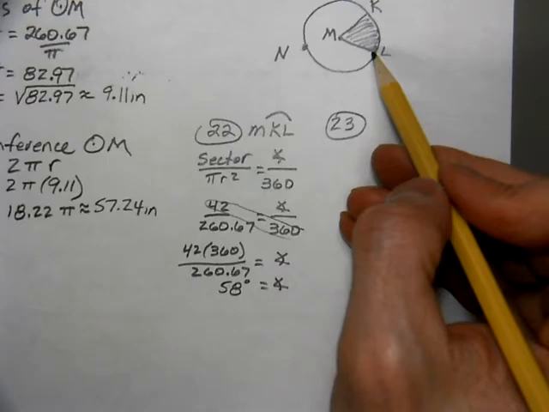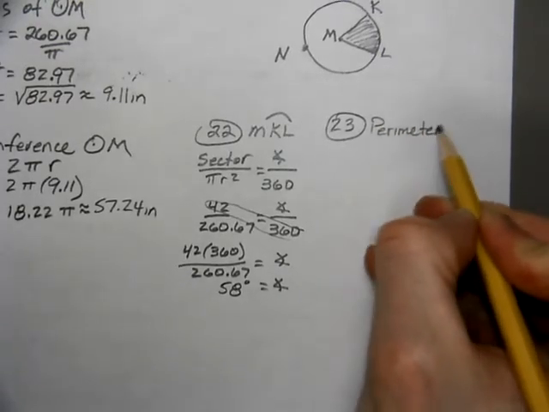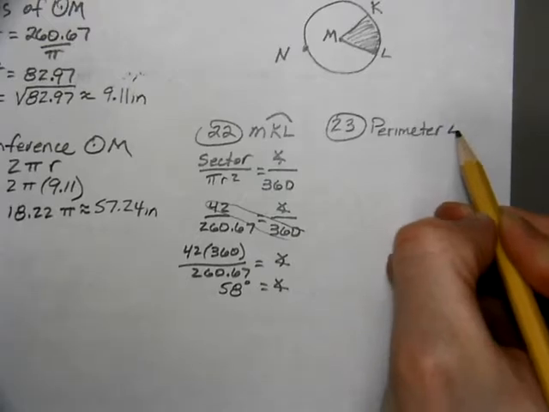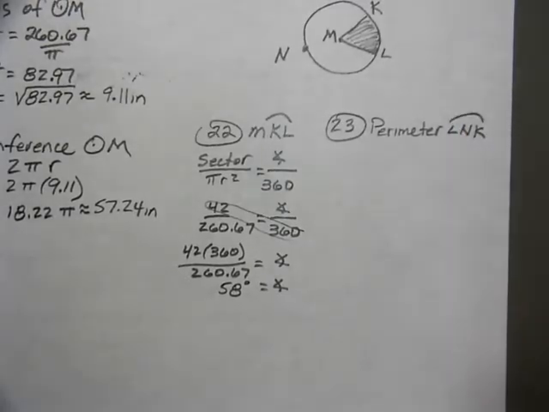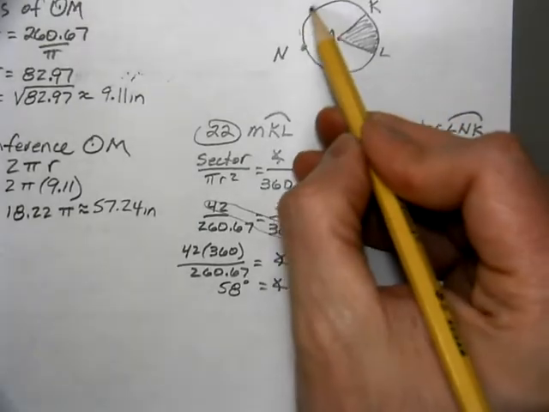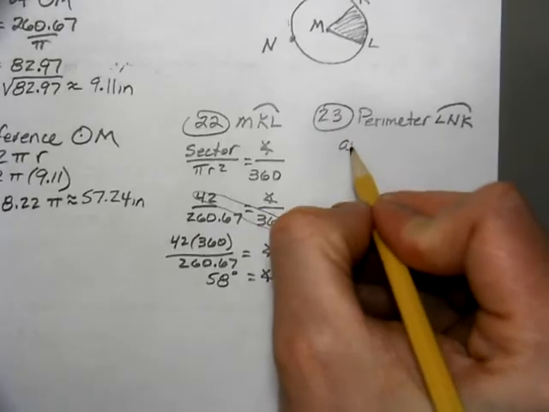So the perimeter of arc LNK, that's the long way around. Okay, that's also an arc length.